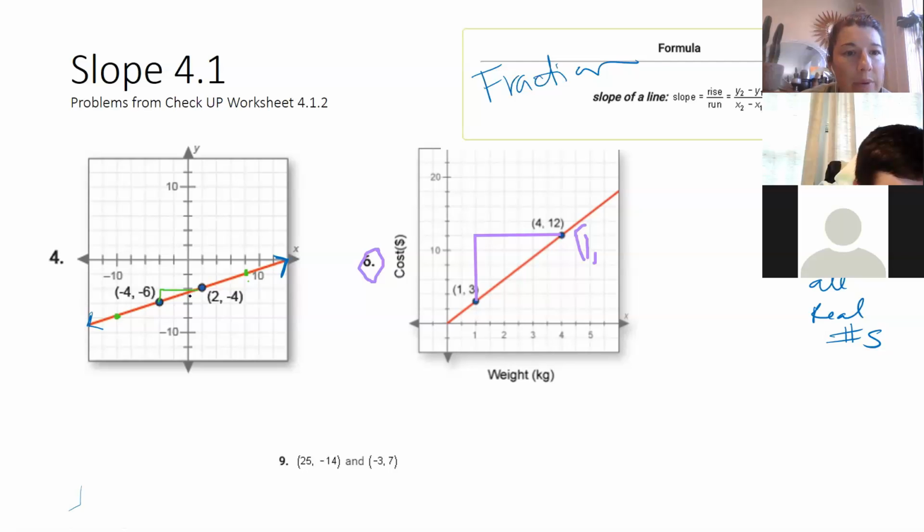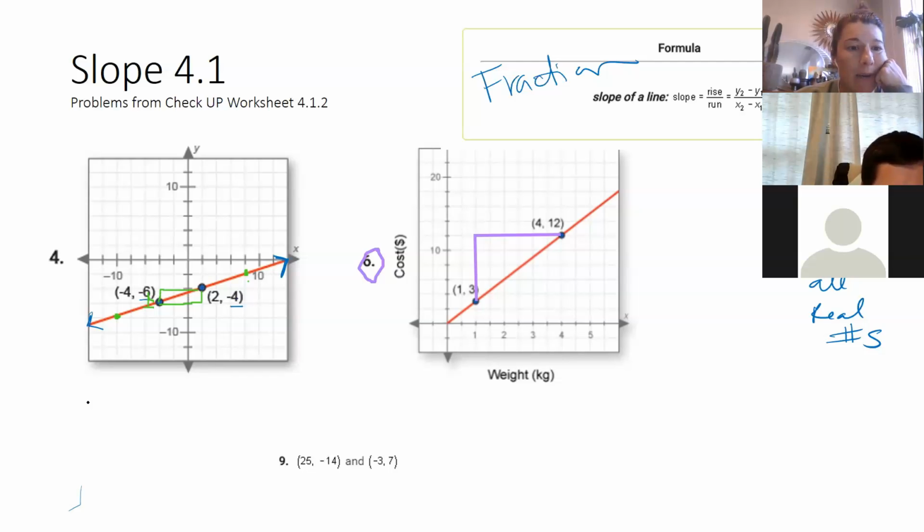It's 1 box, but pay attention to your scale there. You can look at the y coordinates. So how far apart is -6 and -4 from each other?